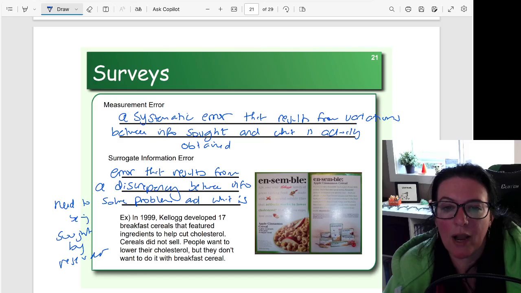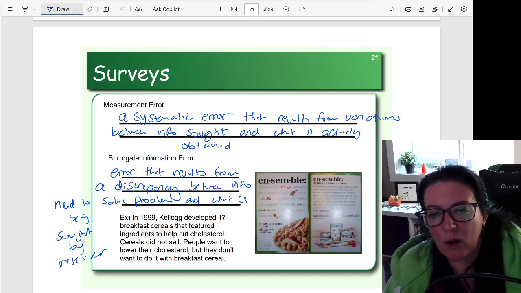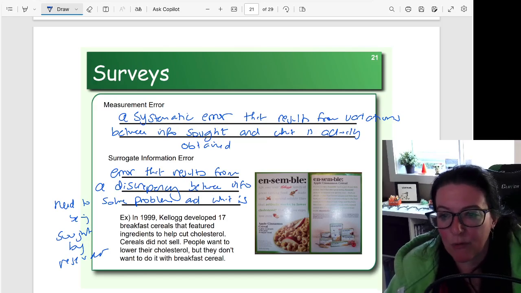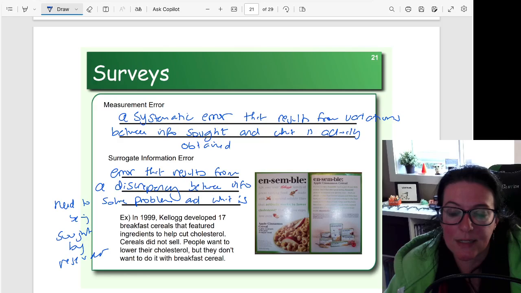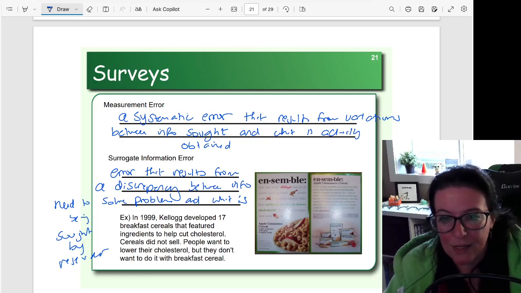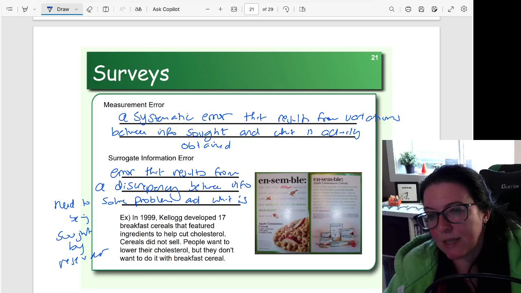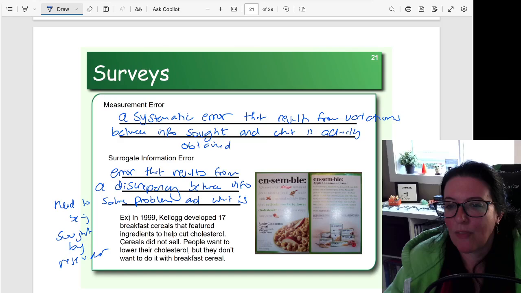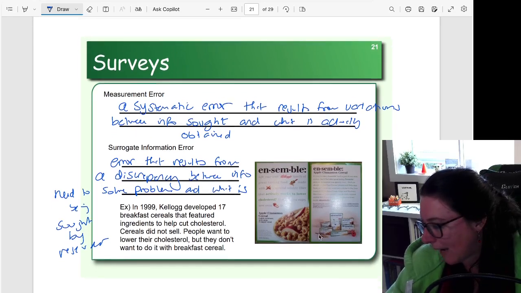And here we're trying to sell low cholesterol cereal when, yes, people were interested in lowering their cholesterol, but their concern wasn't what they were eating for breakfast when they were looking at a low cholesterol diet. So we want to make sure we are addressing and we have information that will aid in the decision that the business is looking to make.